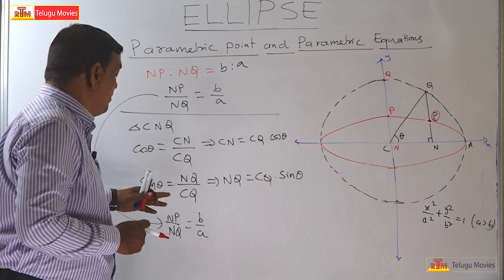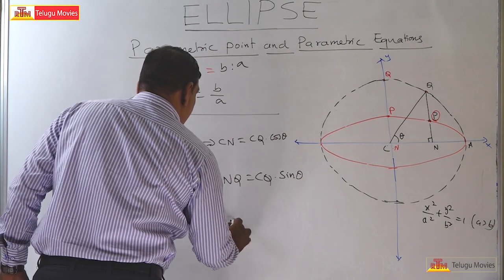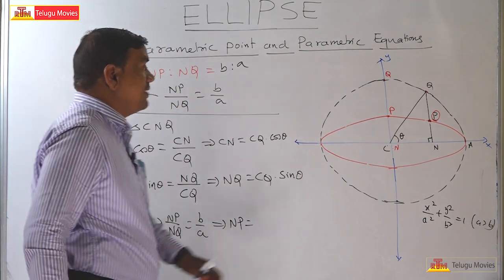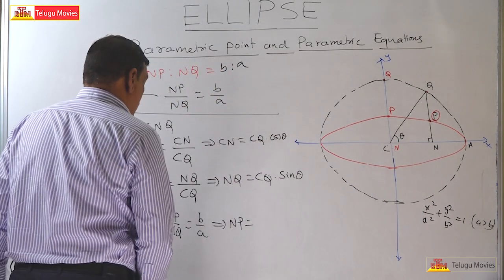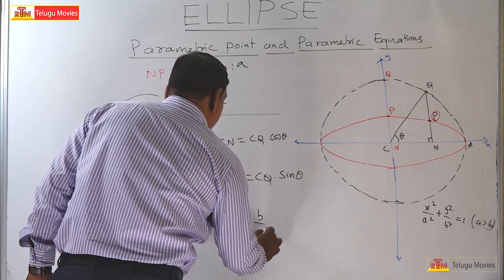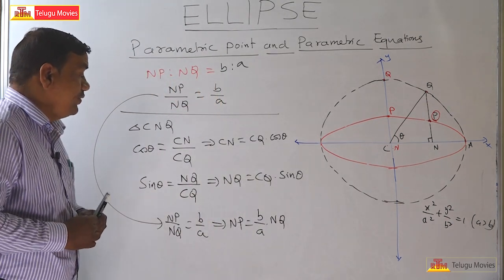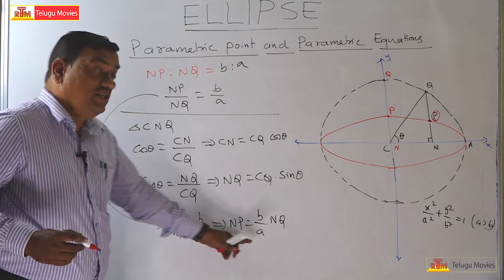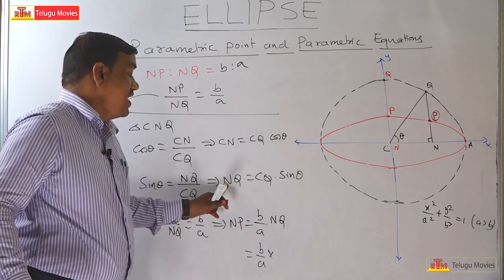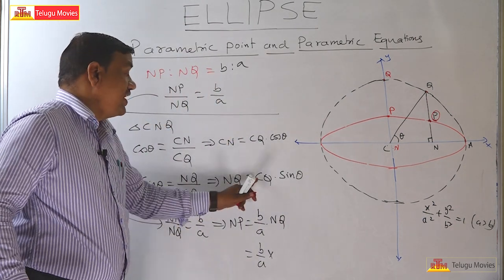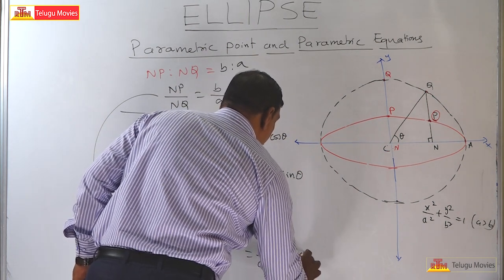From this, NP is equal to b by a into NQ. And what is NQ? NQ is nothing but CQ into sin theta.